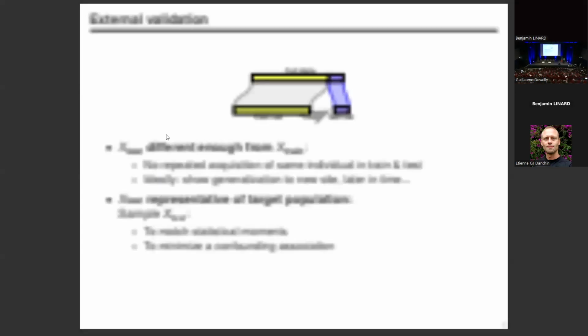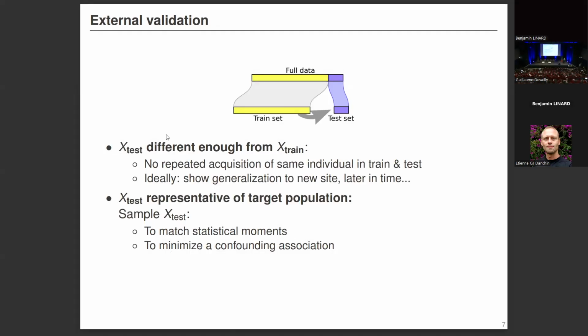And then the other thing is you need your test sample to be representative of your target population. So, for example, if you're developing a biomarker and you want to apply it to a hospital, and you know that the population in your hospital is maybe a bit different from the hospital it has been developed at, you want to make sure that your test works in your setting.